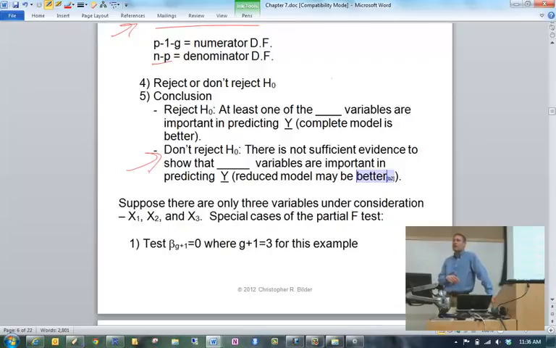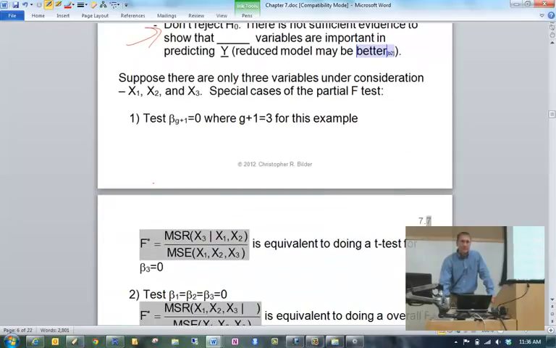Maybe my probability of type 2 error is 1. Then I've got problems. It's never 0. That's why you can never say that H0 is true. Well, it could be 0, but you don't know.